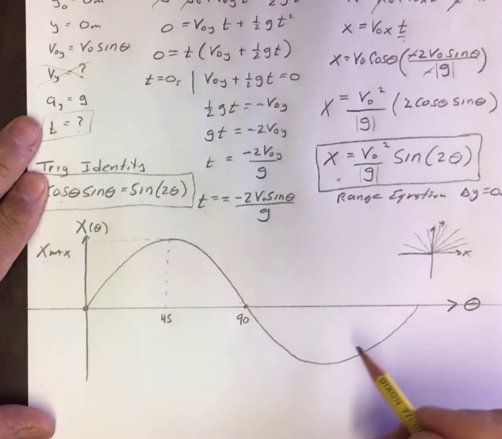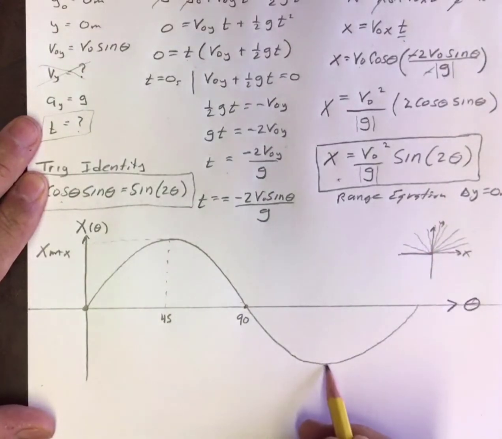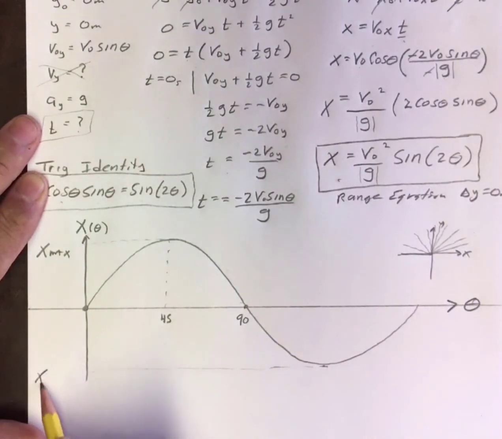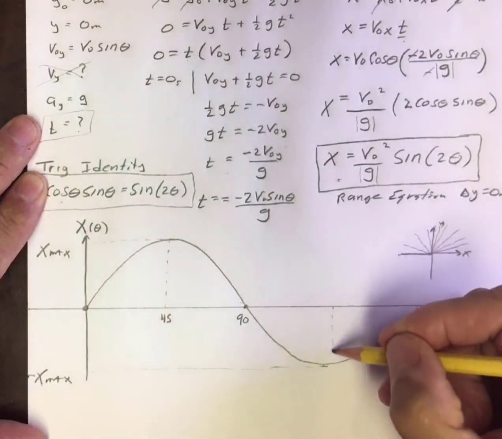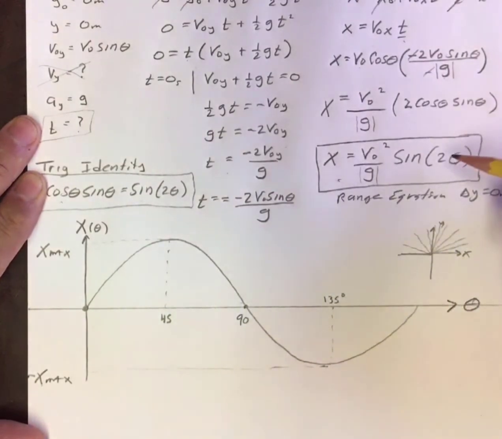If I continue to launch in these second quadrants, then this position on the graph shows me the maximum range, but to the left, and that's corresponding to 135 degrees. It's kind of cool.